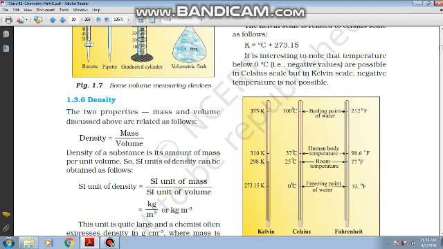You fill one liquid and put it on the weighing machine and measure the weight of it. If it comes out 1 gram, the volume of your box was 1 centimeter cubic, and after filling it with the liquid, the weight is 1 gram, so you can say that 1 gram per 1 centimeter cubic, and the density is 1 gram per centimeter cubic.